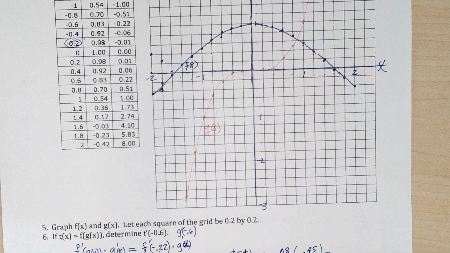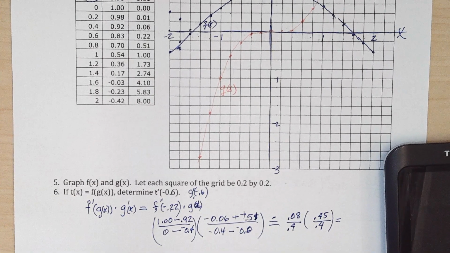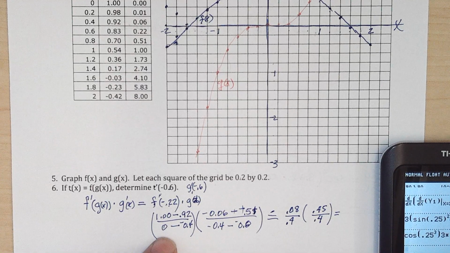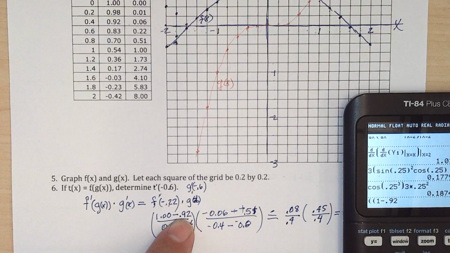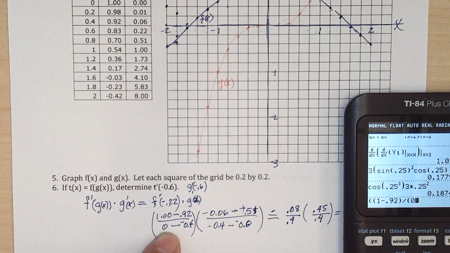So we get, pull out a calculator. Where did I put it? Over here. Actually I probably should type this whole thing in here. So parenthesis, 1 minus 0.92. Can you see that? There we go. Close parenthesis divided by parenthesis 0, subtract negative 0.4.